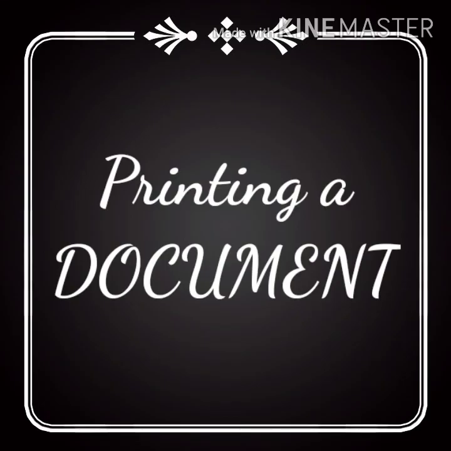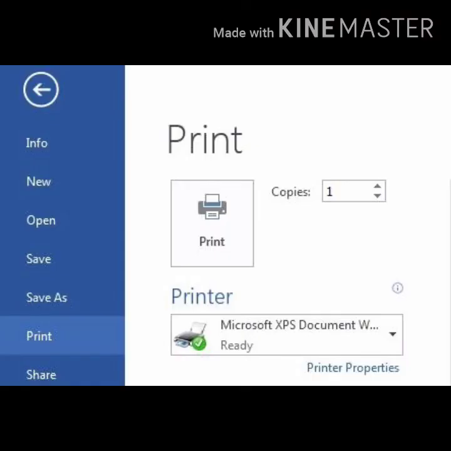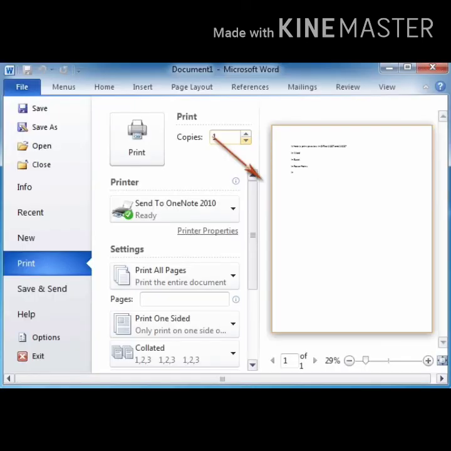After creating a document, you can take a print of your document. For taking a printout of your document, you have to follow the following steps. First, you have to click onto the File tab. Then after, you have to select the Print option. After selecting the Print option, one Print dialog box will get open.